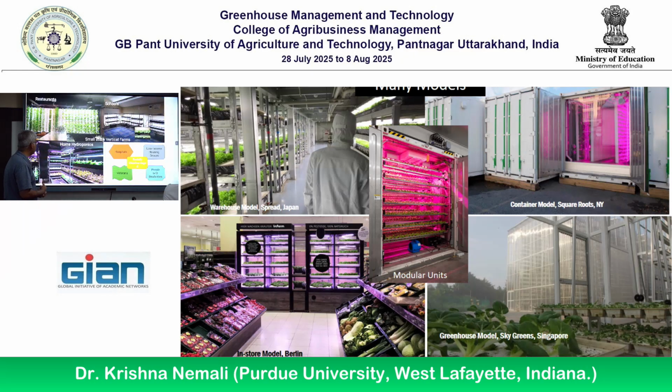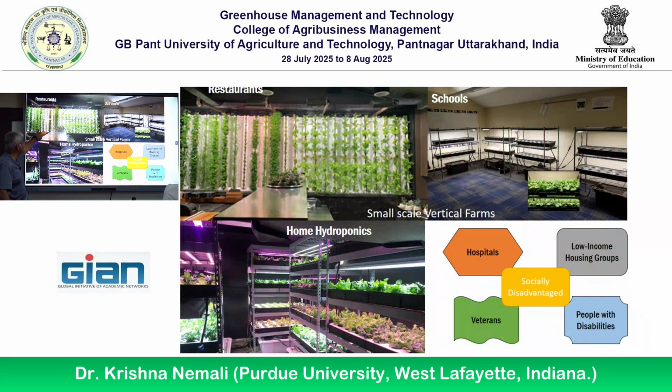So here are some other interesting ones. Those are commercial systems, but look at this. This is a small restaurant in a city close to where I live. The city is called Indianapolis. I went to this restaurant, and as soon as I got inside, I saw the system. The chef, the one who prepares food, is standing here, and as I go inside, he asks me, "Sir, what salad do you want to eat?"